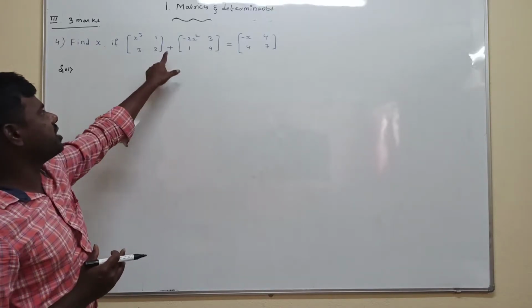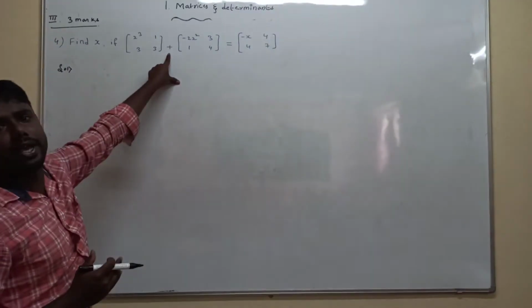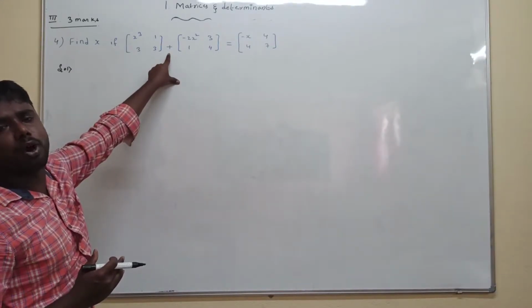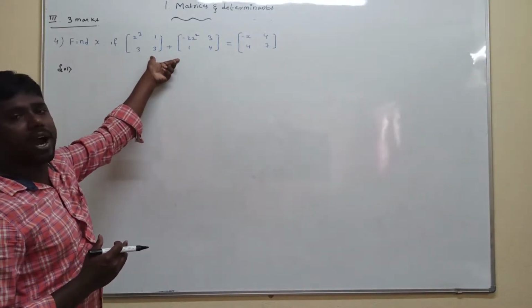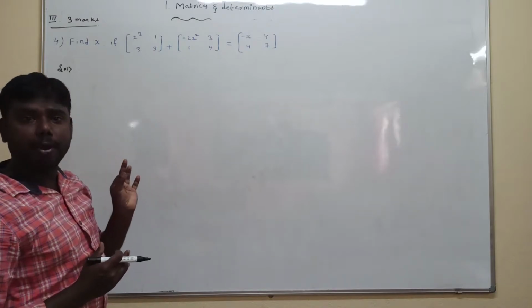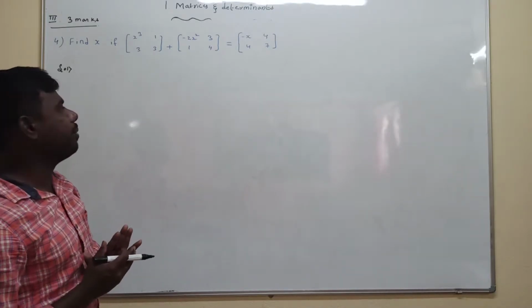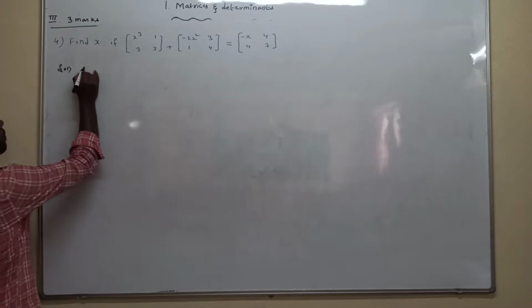Observing the left hand side, what is the symbol given here? The plus symbol means we are adding corresponding elements. It is the addition of two matrices, so the condition is adding the corresponding elements. So see the solution.